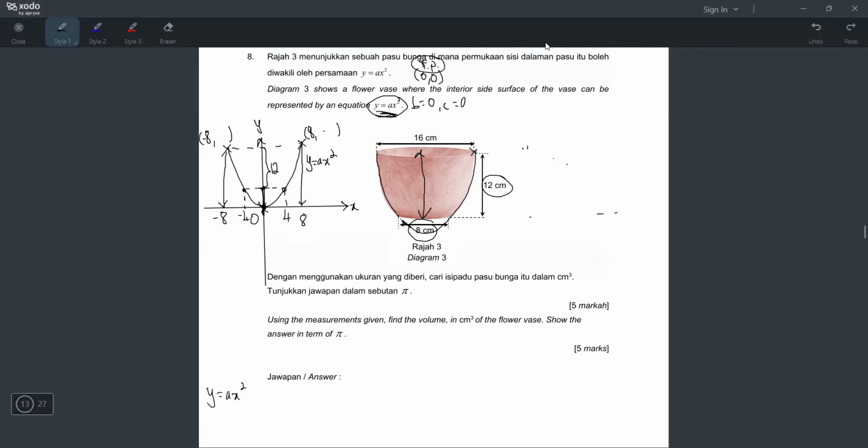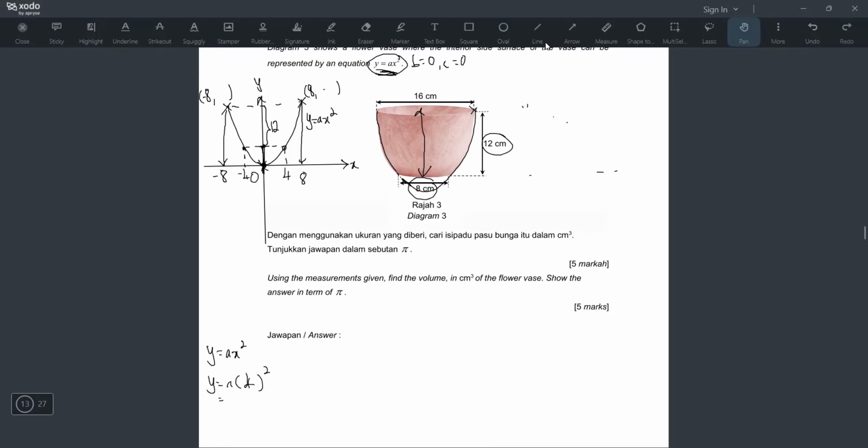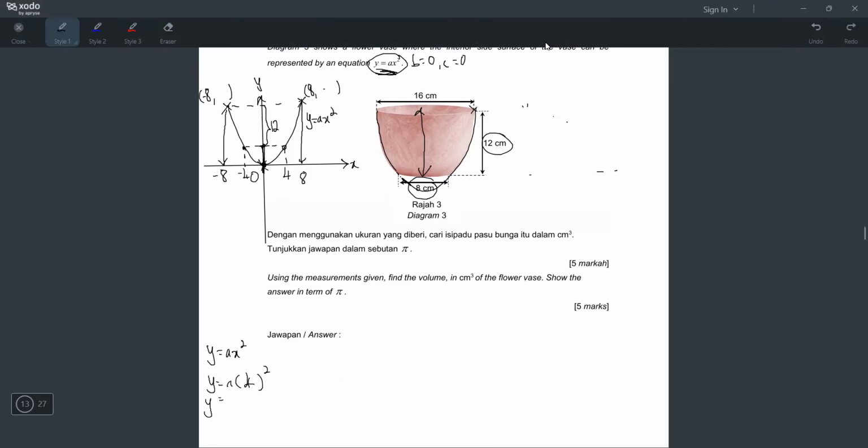Since I'm trying to find the height here, I will substitute x equals 4. You can substitute -4 also, you will get the same, right? So it'll be a times 4 squared. What if you substitute -4? It's the same, because when you square, the negative disappears, right? So what you get here is 16a. So the y coordinate is 16a. It means this is 16a, right? And the coordinate of this point is (4, 16a). The coordinate of this point is (-4, 16a).